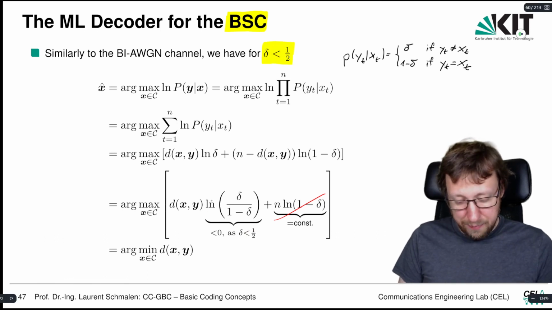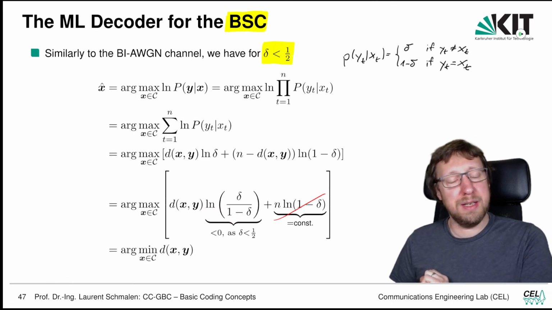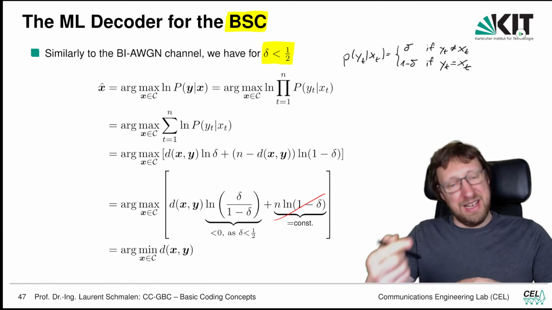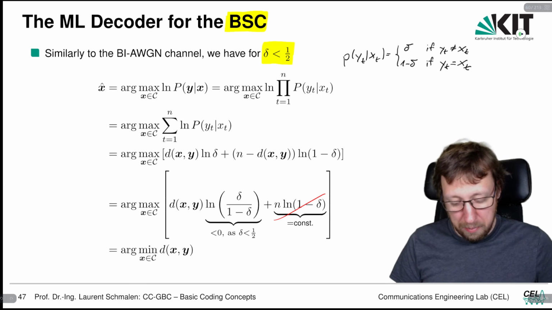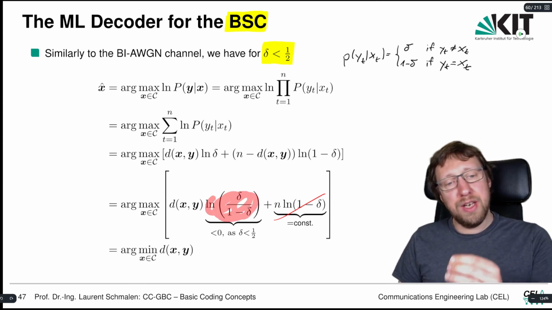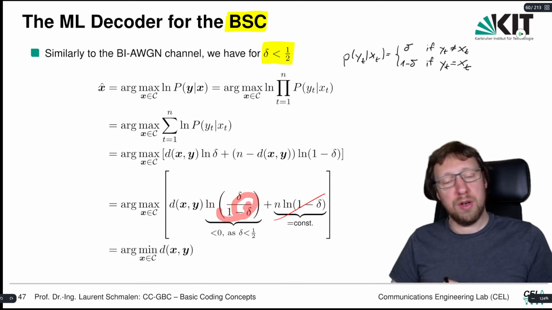This is negative. So instead of maximizing something negative times the Hamming distance, we can also minimize the distance. So multiplying by a negative constant changes the maximization into a minimization, and we can remove the constant.